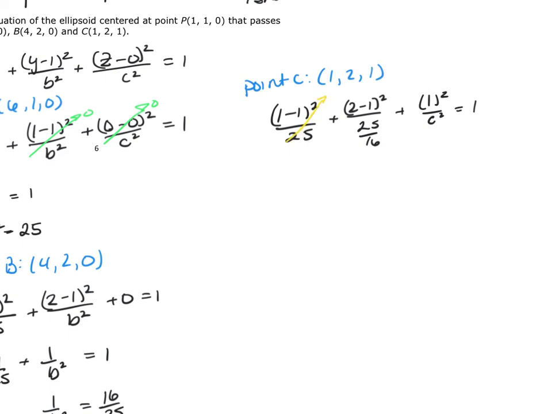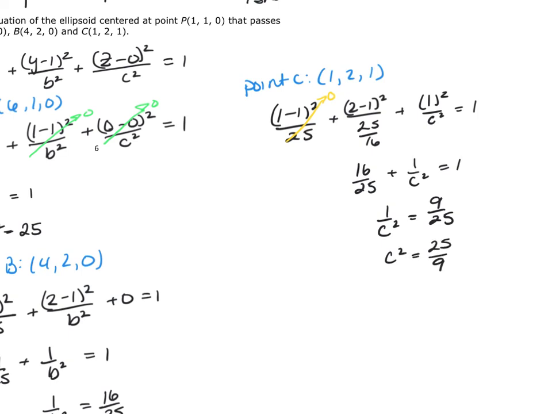This goes to 0, so that's kind of nice. And then 1 squared over 25 sixteenths is the reciprocal, so it's 16 over 25, plus 1 over c squared is equal to 1. I subtract 16/25 from both sides, and I get 1 over c squared is going to be 9 over 25. So c squared must equal 25 over 9.